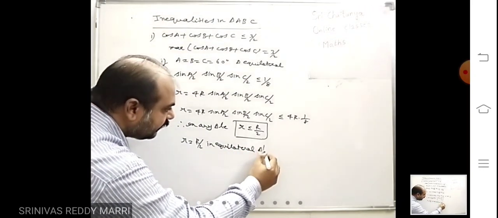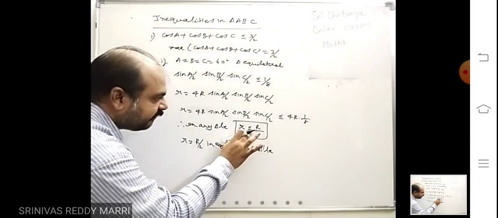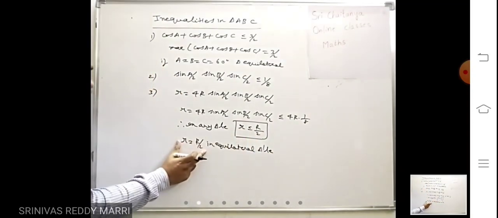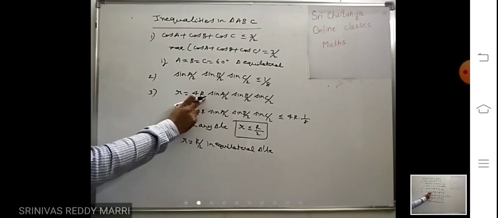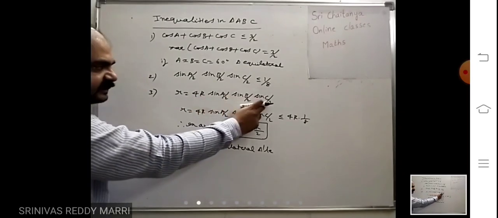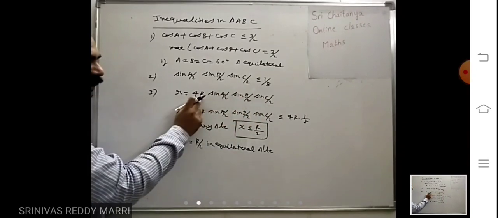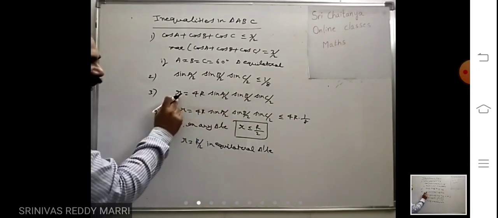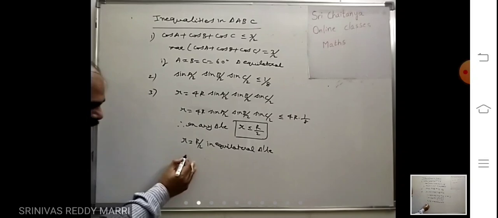Always equality holds when it is an equilateral triangle. In this formula, substitute 60 by 2, 60 by 2, 60 by 2. What you will get? 4R into 1 by 8. That means small r will become capital R by 2.